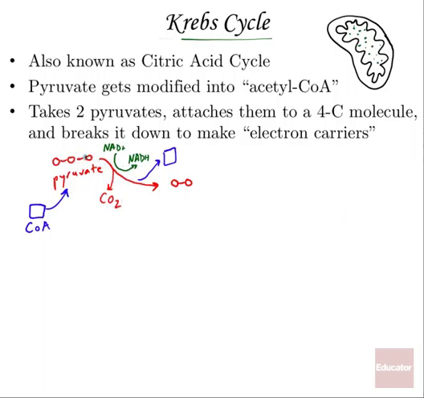So here's basically what happens. This is how it gets modified to give you the acetyl, which is helped to get modified from the CoA. And this joins in with a 4-carbon molecule to give you, remember that's called oxaloacetate or oxaloacetic acid.